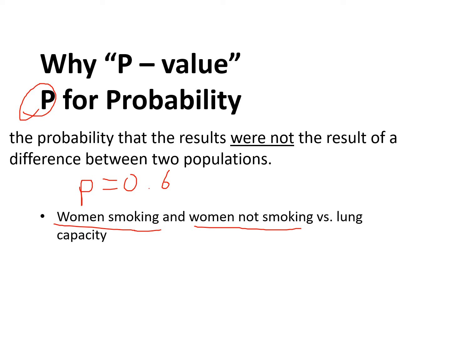So what is the chance that just by picking individuals at the extremes that that was the cause of the difference seen?